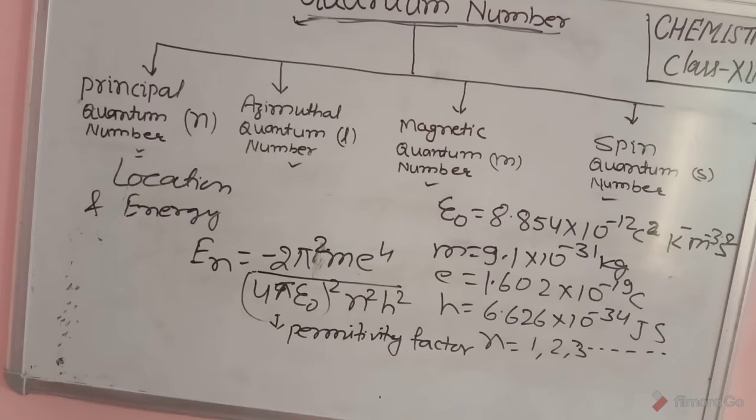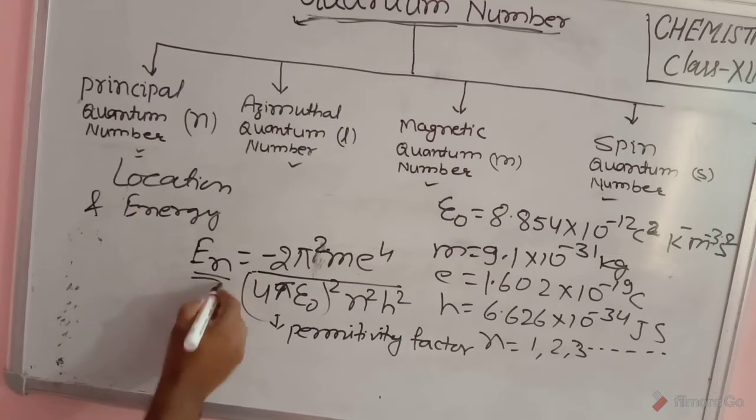This En is the nth electronic level, and the energy of an electron in an atom increases with the value of the principal quantum number.